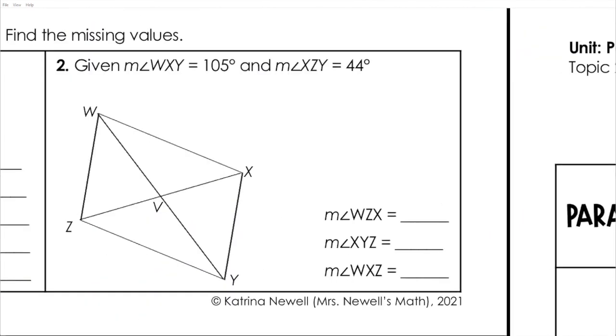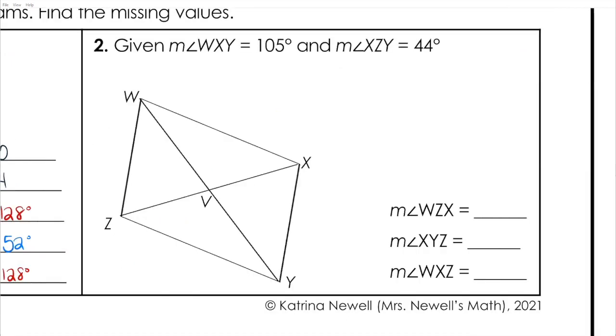All right, number 2. Now this time they put the diagonals on us. As always, we're going to start by labeling the given parts. W, X, Y. Remember, when we're given these 3-letter angles, they're giving us the roadmap on how to draw our angle. So we start at W, travel to X, down to Y. So that means this whole angle is 105.